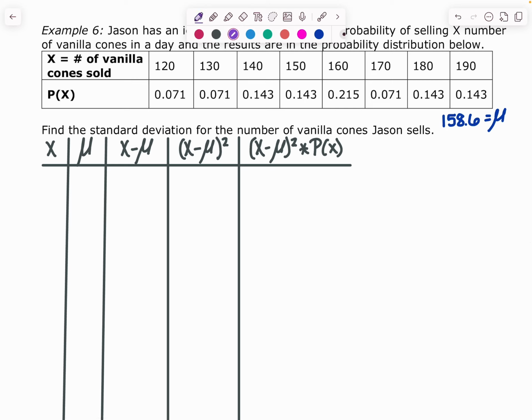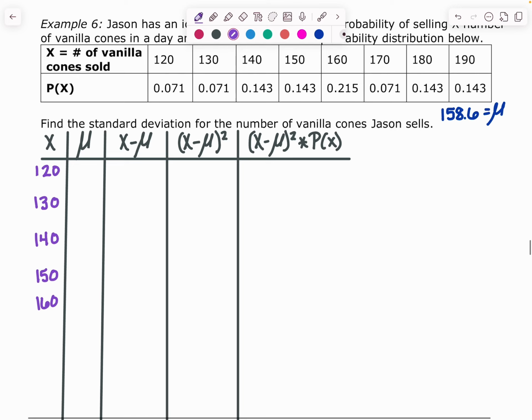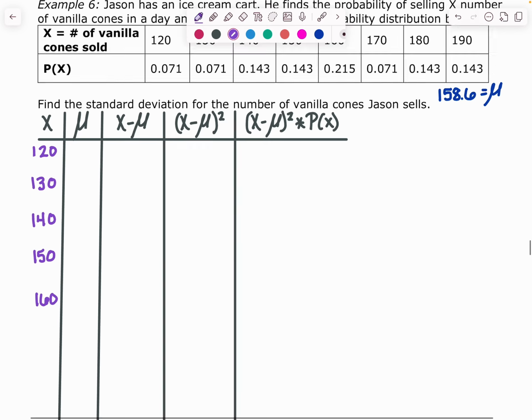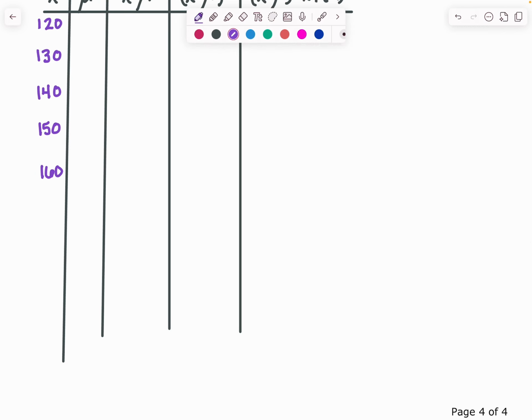All right, so 120, 130, 140, 150, 160. Rewrite that one a little bit lower. 170, 180, 190.